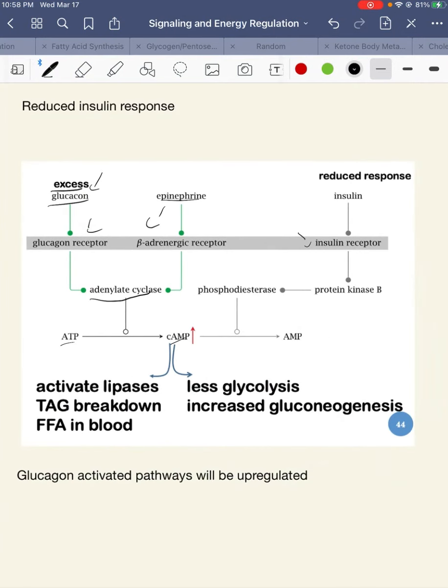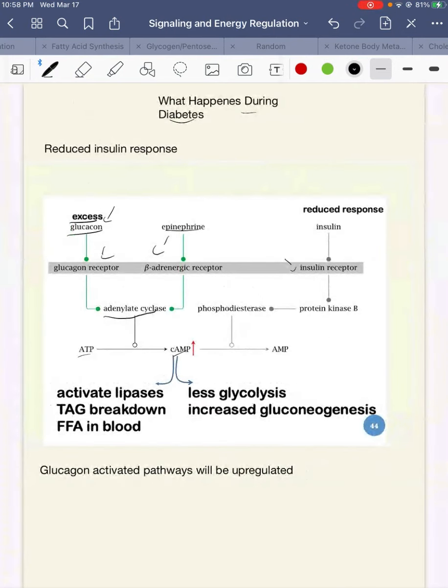Remember, cyclic AMP released from glucagon will result in less glycolysis and increased gluconeogenesis. It will activate lipases, so we break down fats, TAGs, and increase fatty acid concentrations in the blood. So yeah, the glucagon-activated pathways will be upregulated. Okay.